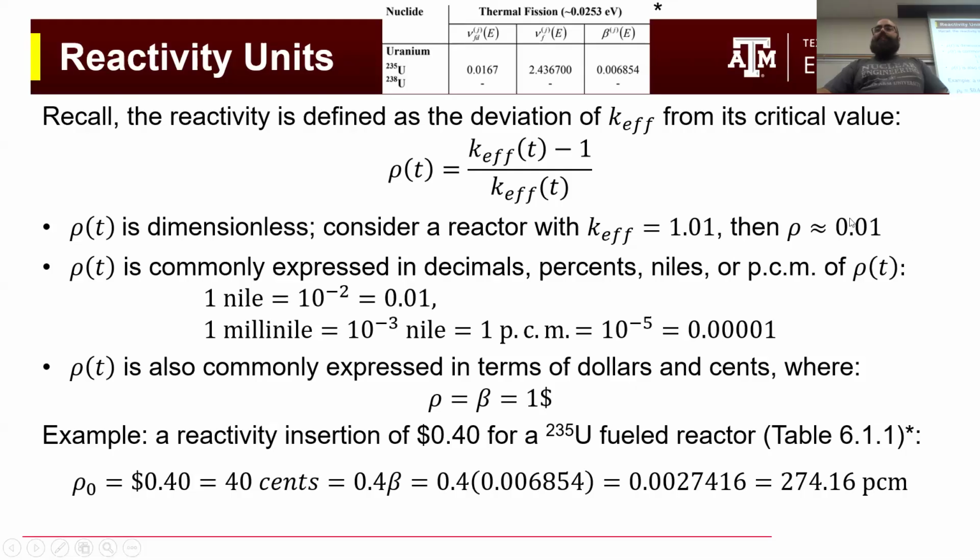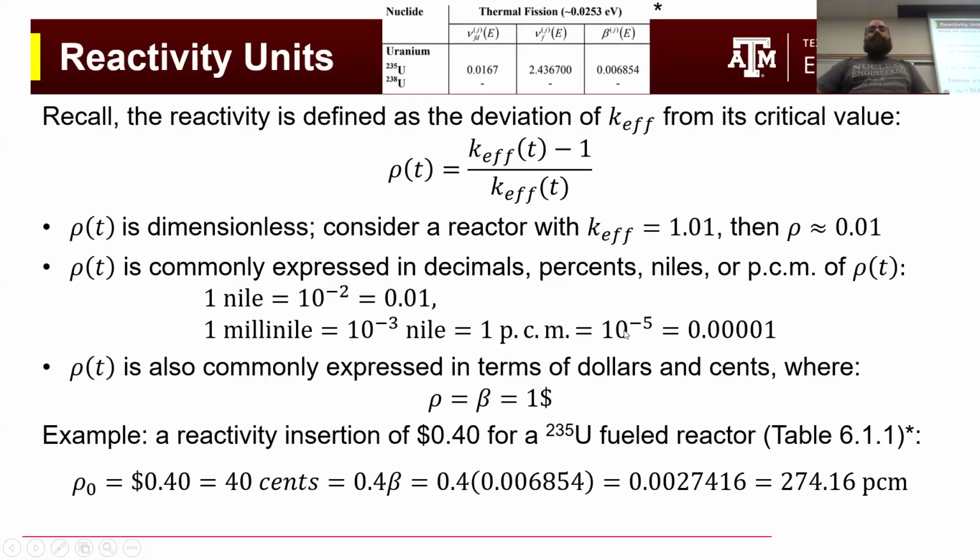So this is the decimal representation of reactivity, but sometimes it's represented in percents or niles or PCM of that decimal value. So a nile is basically 10 to the negative 2. Millinile is 10 to the negative 3, and a PCM is 10 to the negative 5.